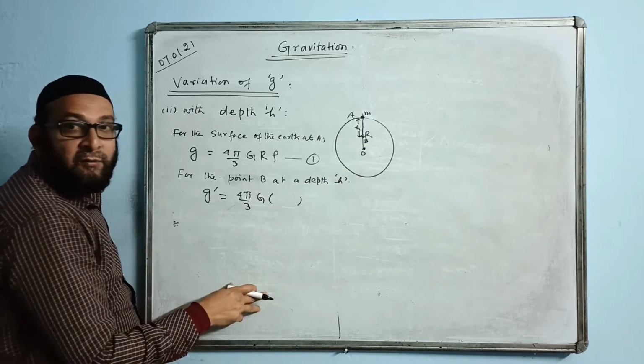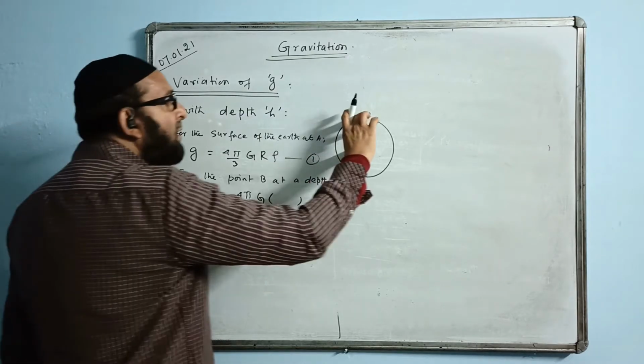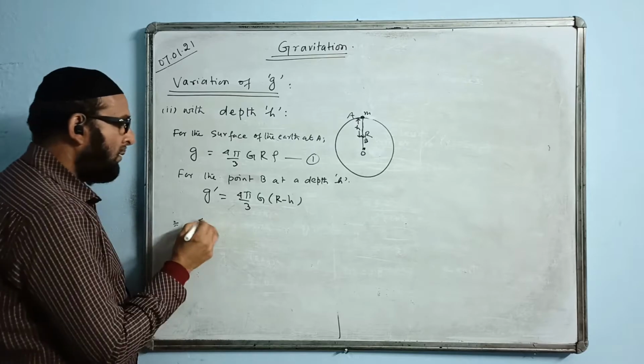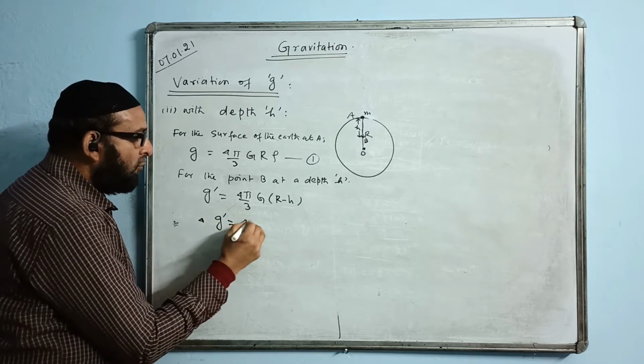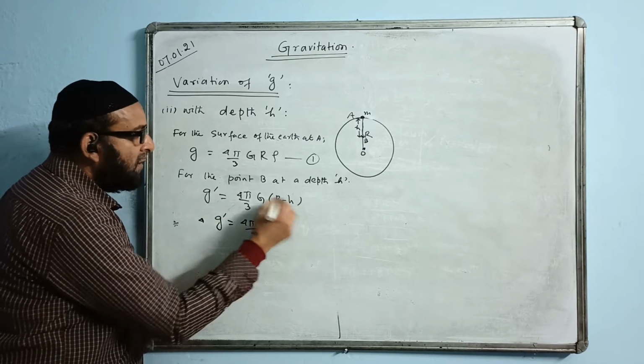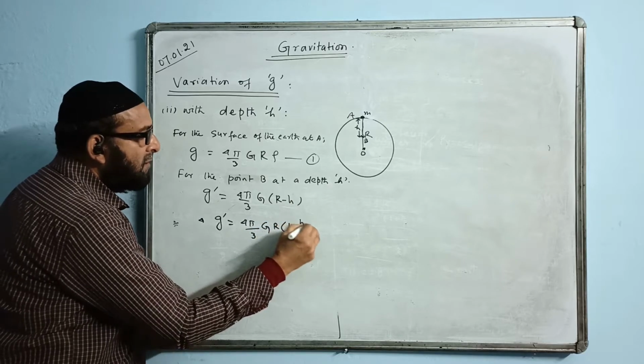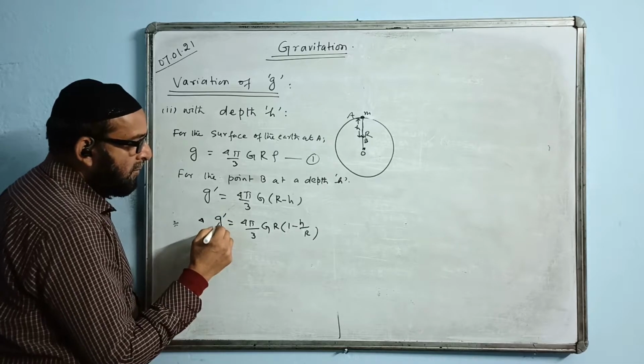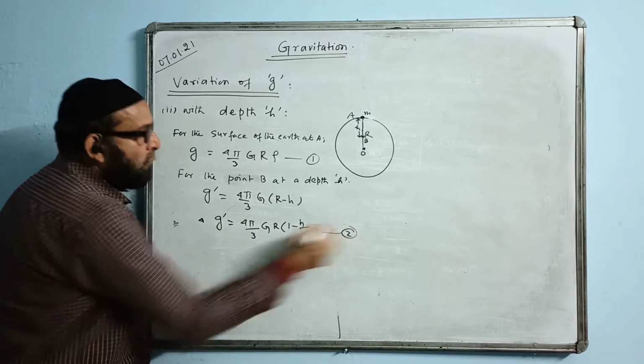All the distance we are measuring from the center of the earth. The whole thing is R, this much is h, so this will become R minus h. We have g dash is equal to 4 pi by 3 G. Let us take R common, so you get 1 minus h by R, times rho. This is equation number 2.